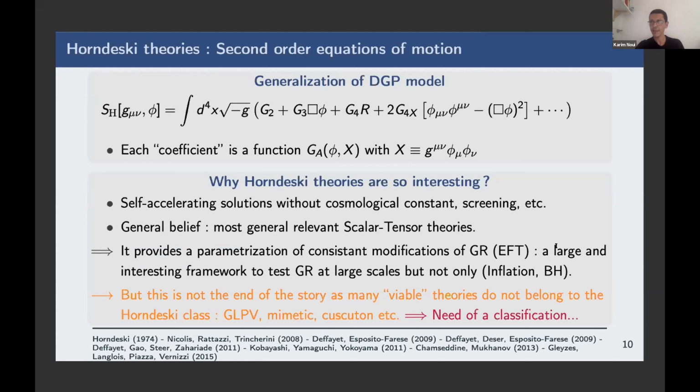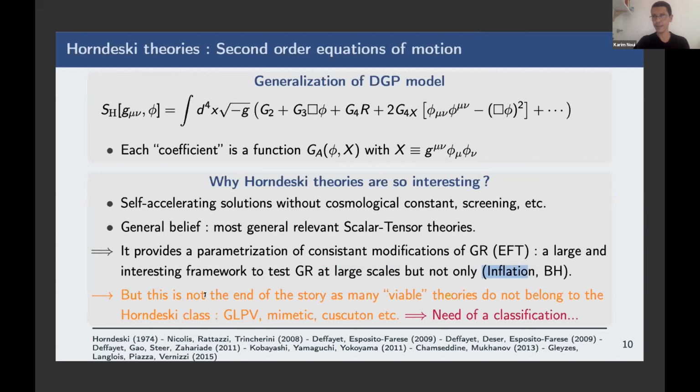For this reason, these theories have been studied quite a lot in the context of dark energy, to account for the acceleration of the expansion of the universe. But they have also been studied for primordial cosmology, in the frame of inflation, but also in the context of black holes. I will not have time to discuss their application to black holes, but this can be done as well.